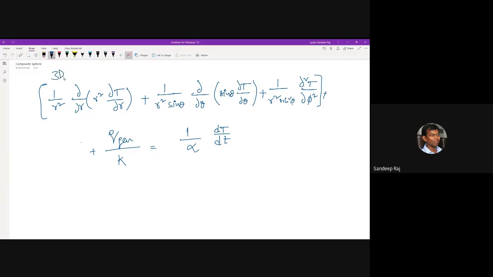For this composite sphere case, here I have written the 3D heat conduction equation in spherical coordinate system.